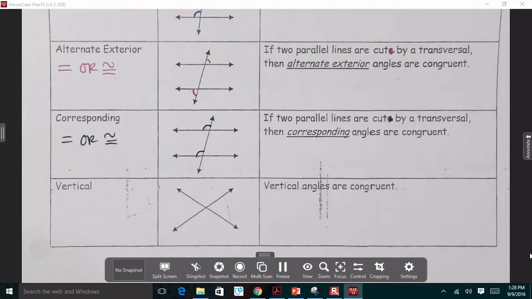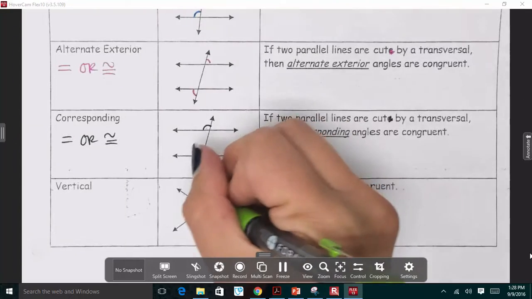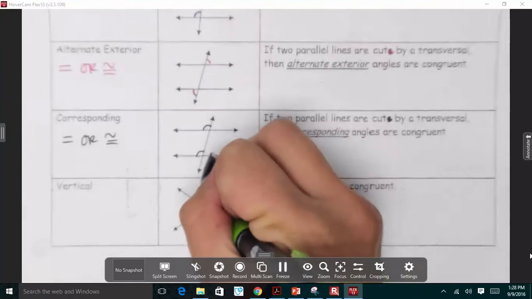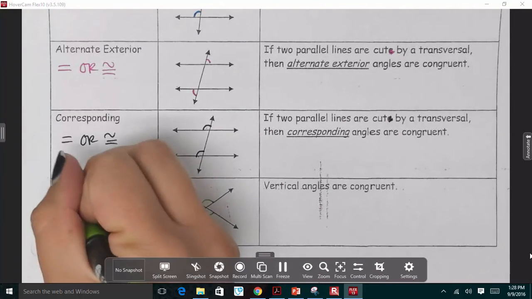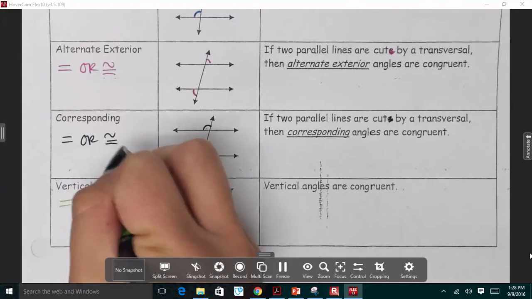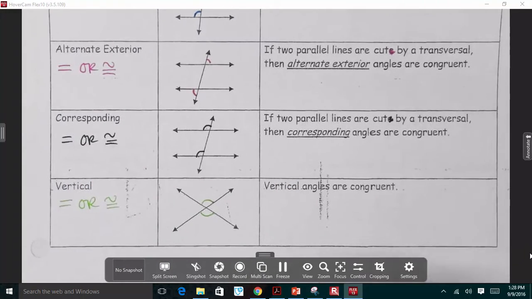Now our last one are vertical angles, and so those are across from each other, sharing a vertex. We know that these are also equal or congruent, okay? And this is the only one that's different. Vertical angles does not depend on two parallel lines, okay? It's just when two lines are crossing each other.